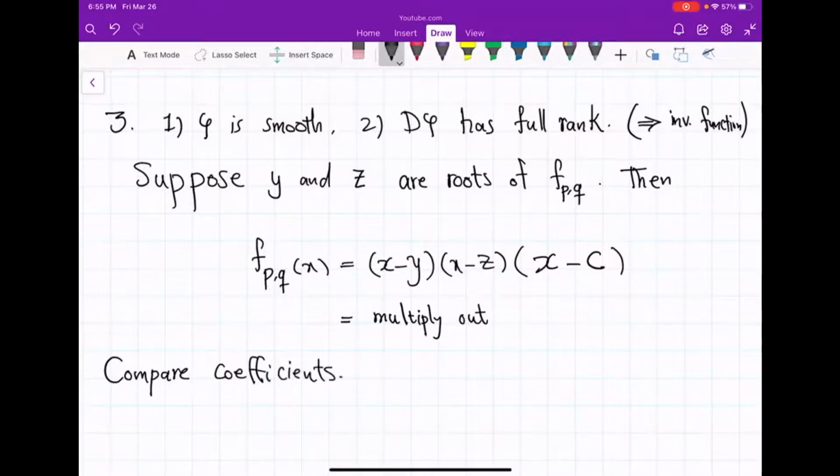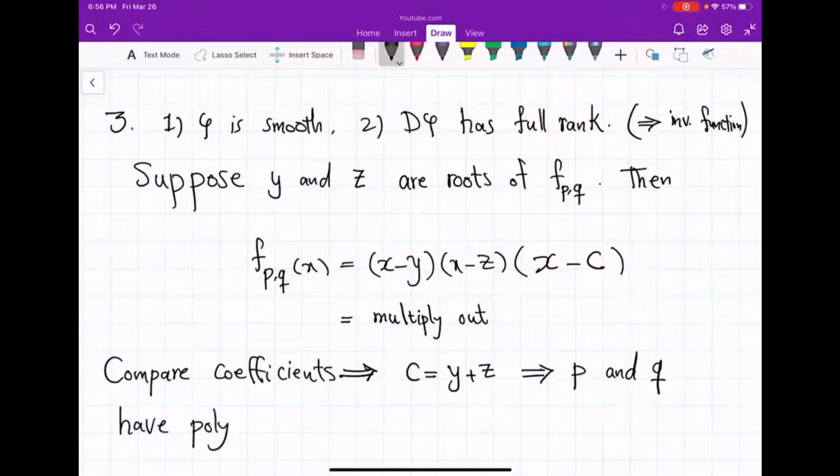So if you compare the coefficients, we see that the coefficient of X squared has to be 0. This will imply that C has to be equal to Y plus Z. And once you replace C with Y plus Z, you also get that P and Q have polynomial formulas.